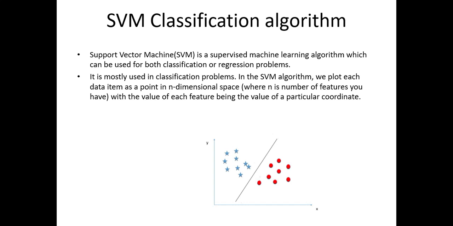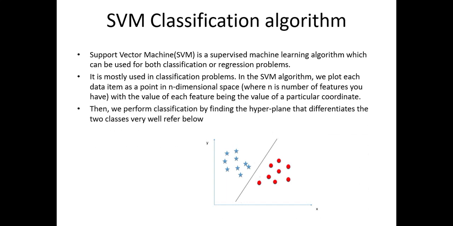Then we perform classification by finding the hyperplane that differentiates the two classes very well. If you see the graph below, the middle line is a hyperplane which will classify the two classes with equal distance. So this is a small description of support vector classification.